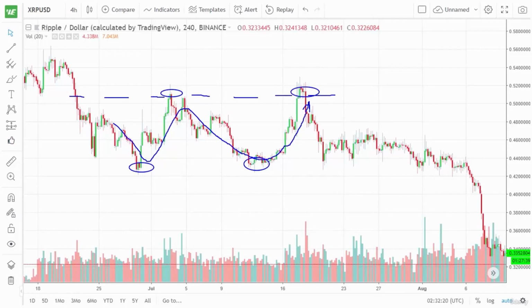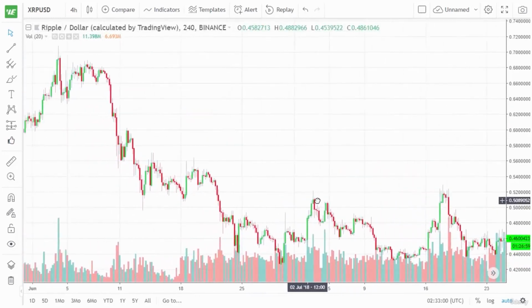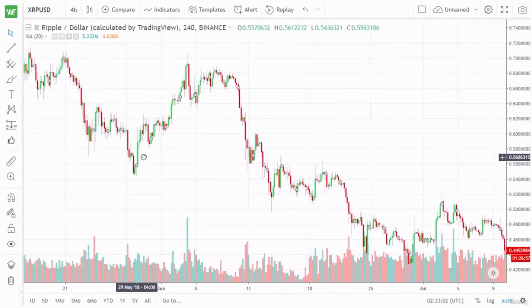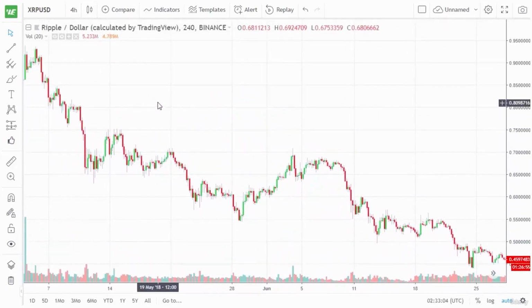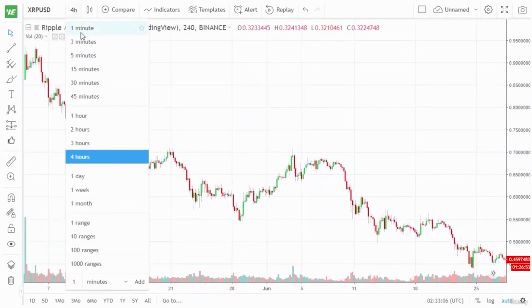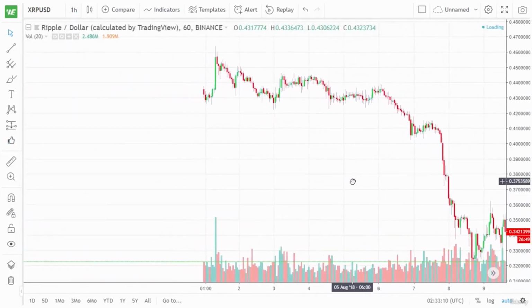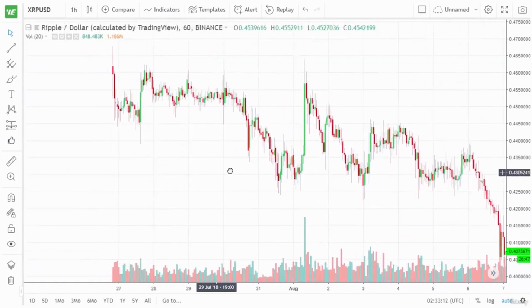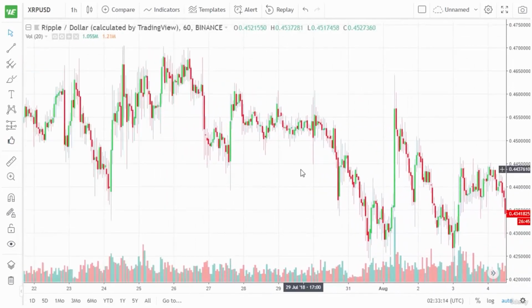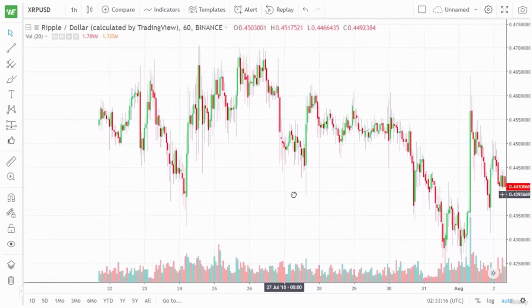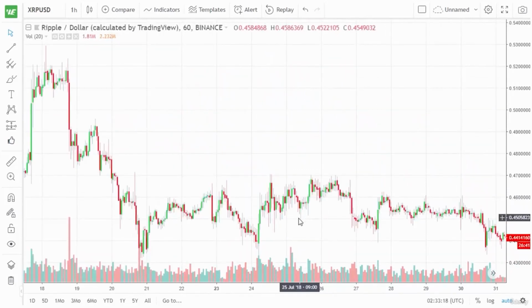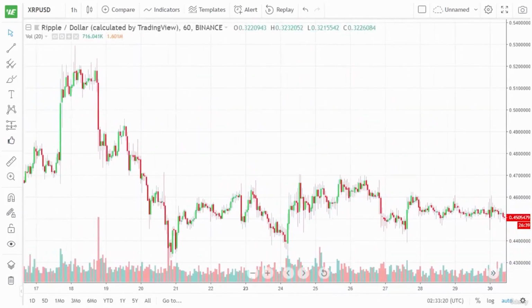So you can see the power of these patterns. And they do happen quite a bit. They can happen on any time frame. It's really like anything else, you want to pay more attention to the longer term time frame. So like a double top on a weekly chart is much more powerful than on an hourly chart.